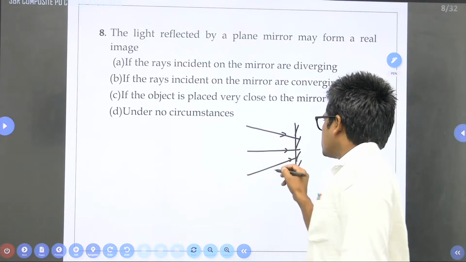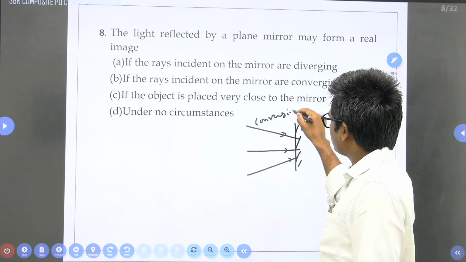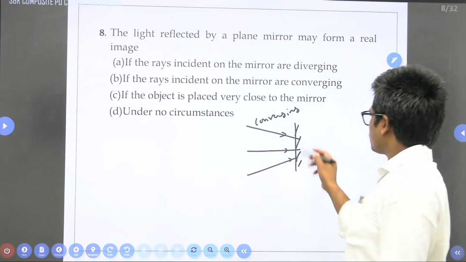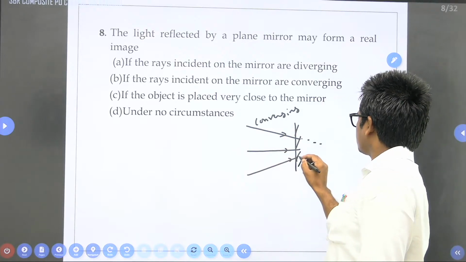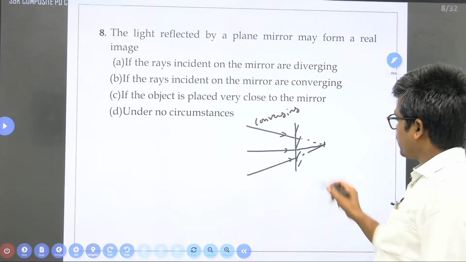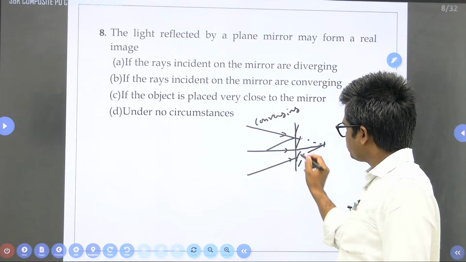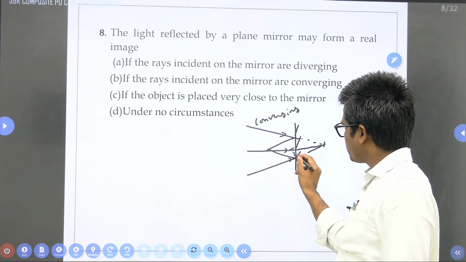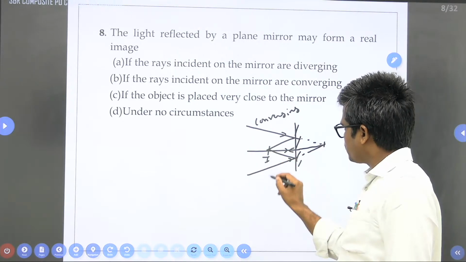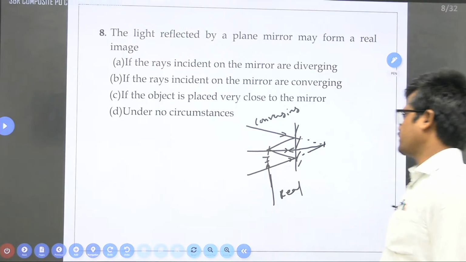They were supposed to meet here, but after reflection they finally meet somewhere here, and this is the image. This image is real.